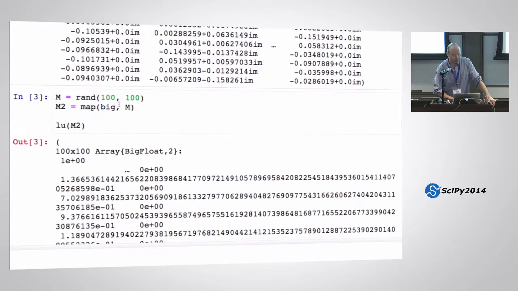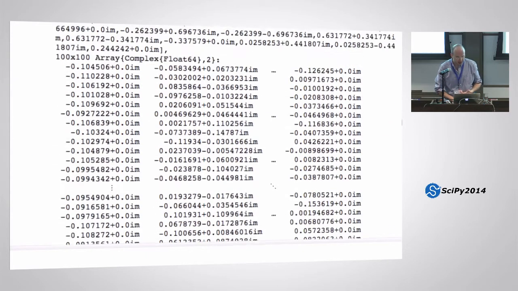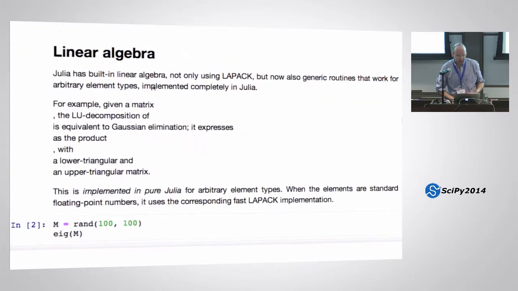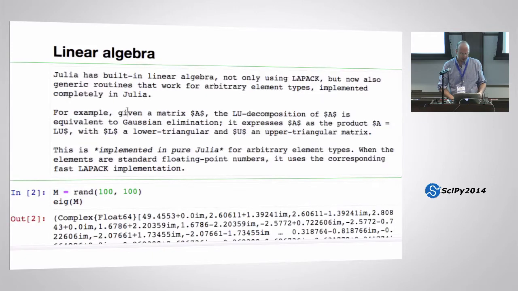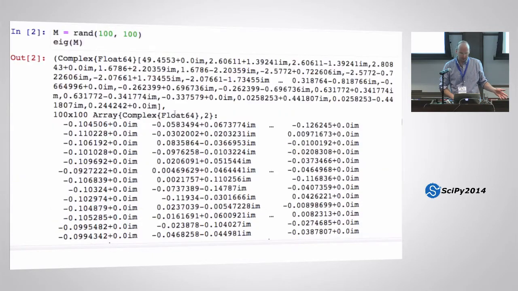So that's using LAPACK. But now there's a neat thing that they've recently been incorporating. They haven't got to eigenvalues yet, but there's the LU decomposition of a matrix. That didn't work, I've got some problem with my internet.